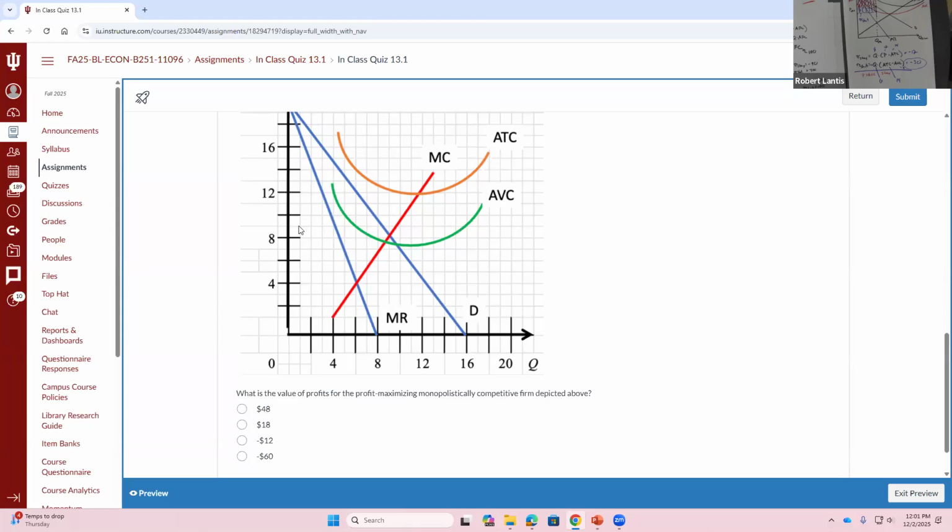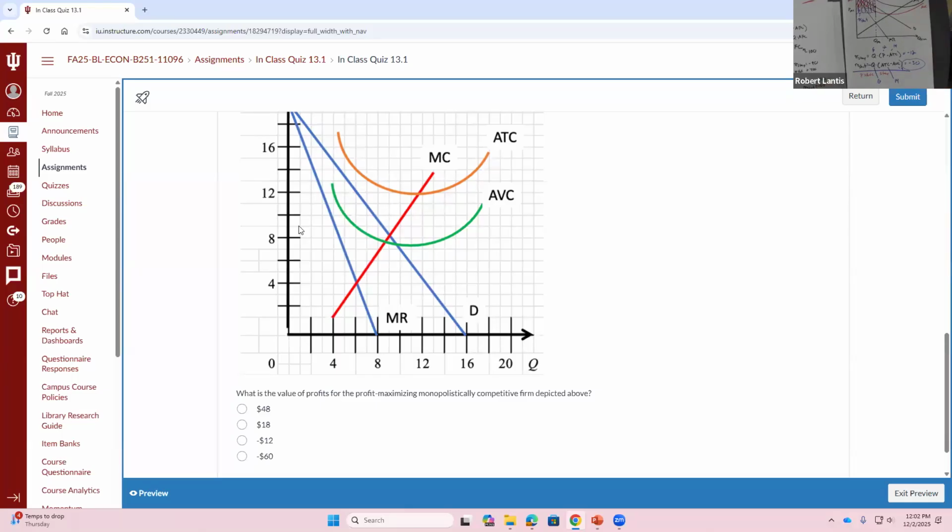And so anytime you have a short run example where profits are negative, you can always prove to yourself that you're doing the right thing. You could calculate profits from staying open and shutting down, and if you're doing it correctly, they should always line up with whether or not price was above or below average variable cost, right? In this case, price is above average variable cost, so those profits from staying open are a smaller negative value.